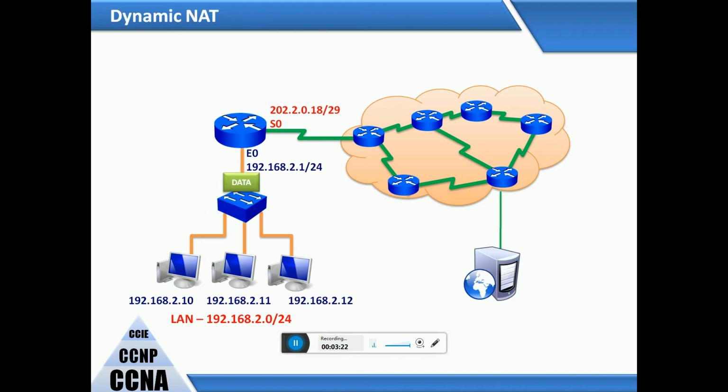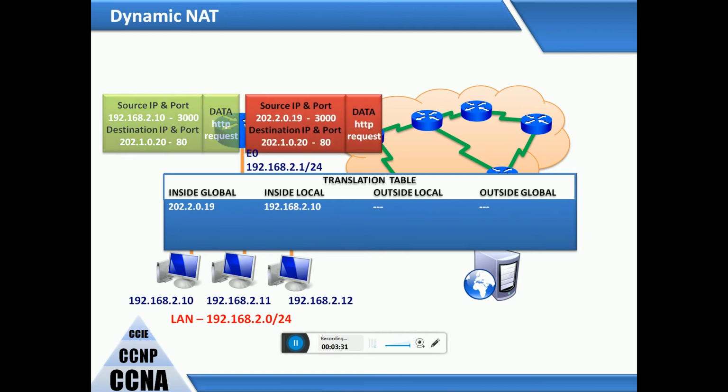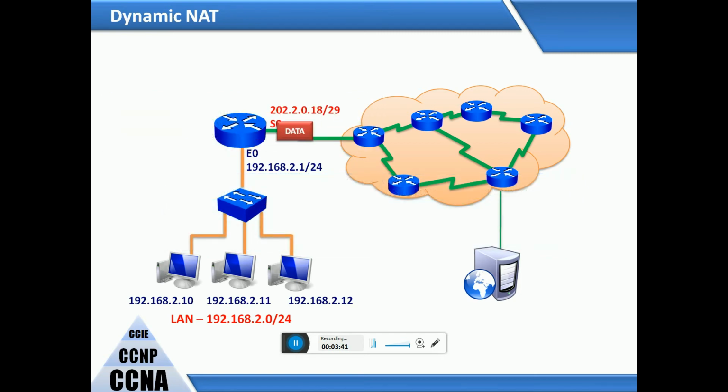This data goes through the switch and router, which distribute the source IP address 202.1.0.2 and 80. The another source IP address is 202.0.1.19. The destination IP address is 202.1.0.20. The request data is going to the destination.